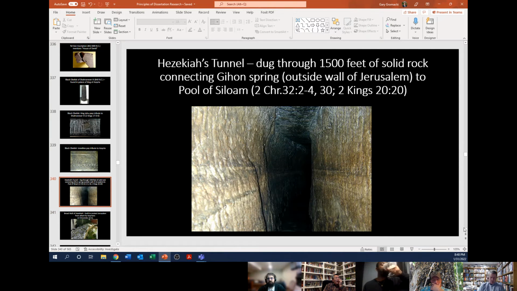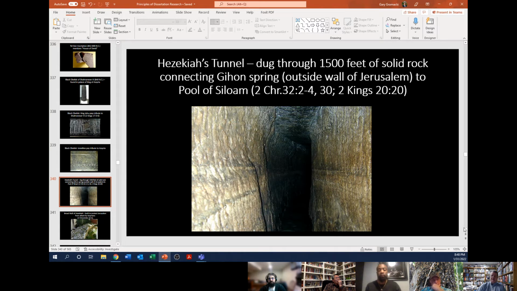Hezekiah's tunnel was dug through 1,500 feet of solid rock, connecting the Gihon Spring, which was outside the wall of Jerusalem, to the pool of Siloam, which was inside the wall of the city. So we read about it in 2 Chronicles 32 and 2 Kings 20.